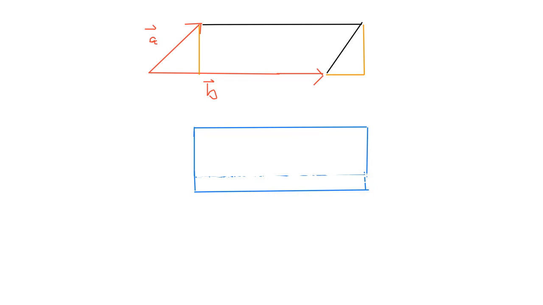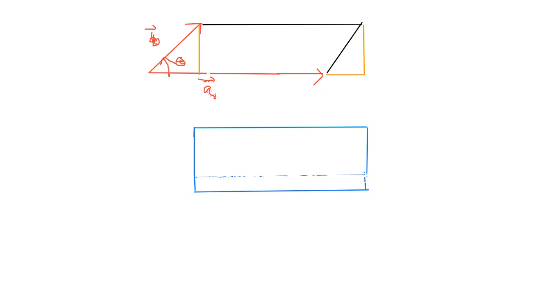So the point is that if this is angle theta here, this is angle theta, then this side here, hold on, wait a minute, I got to have this as B, and I got to have this as A. That's the way the book has it.